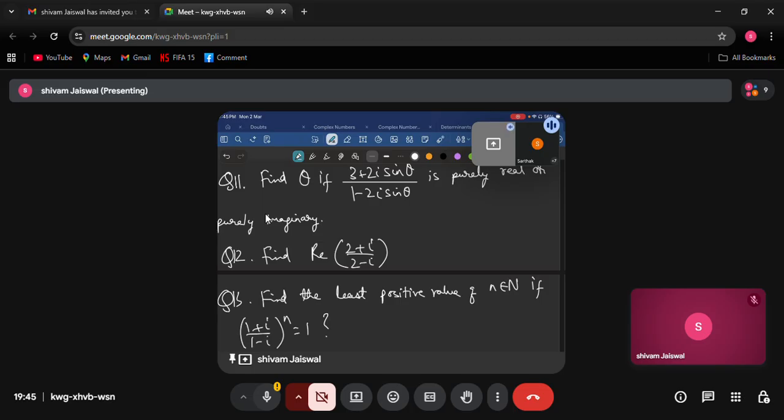Socrates, 13 is correct. Sarthak, 12 is correct.